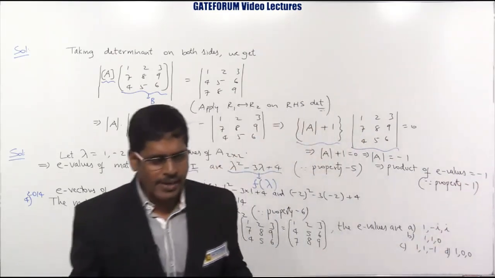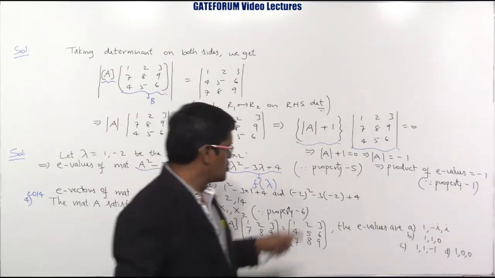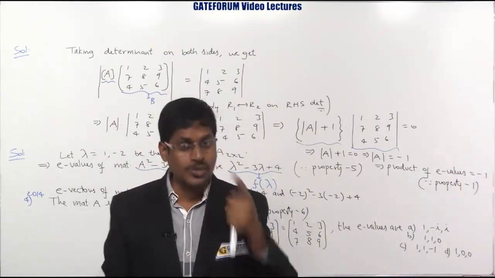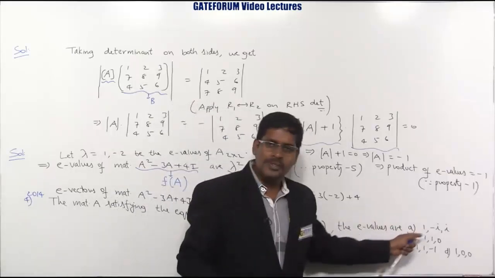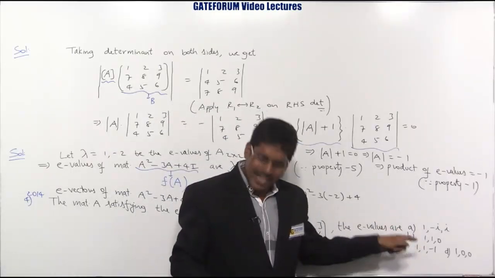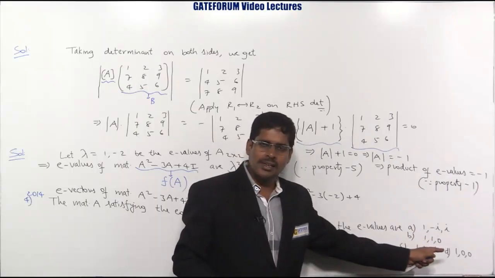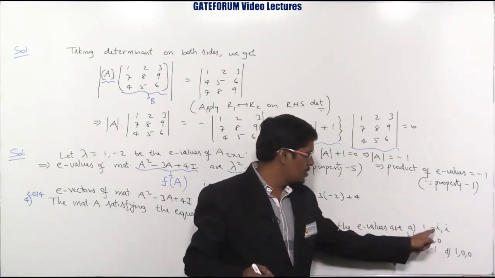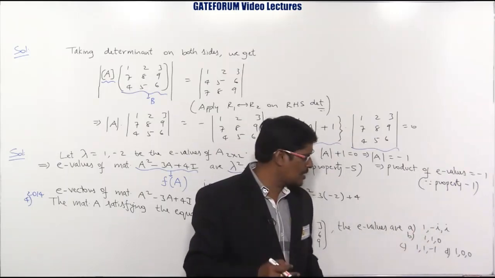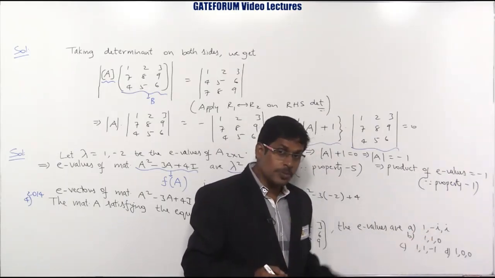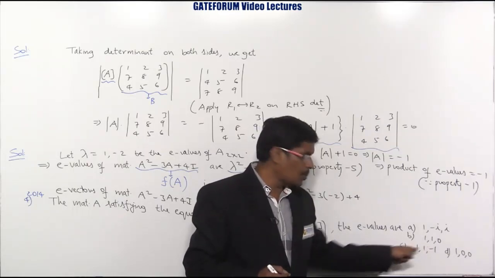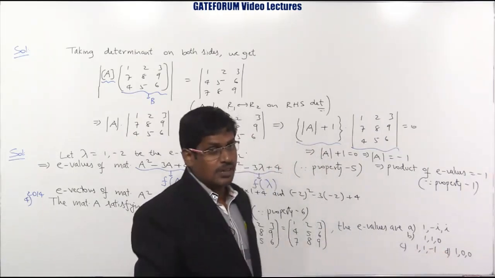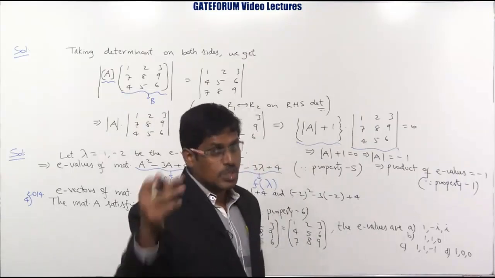What is property 1? The product of eigenvalues. For some problems, we should depend on the options for the solution, so we should proceed option wise. We are getting the product of the numbers equal to minus 1. In option B, the product of the three numbers is 0. In option C, the product of three numbers is minus 1. In option D, the product of three numbers is 0. The three numbers in each option denote eigenvalues.